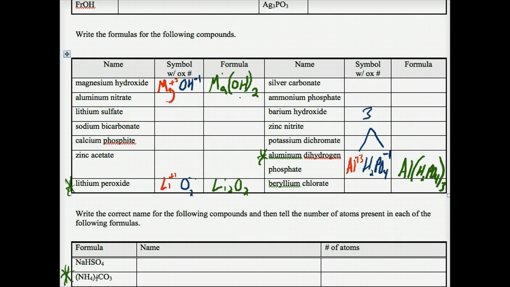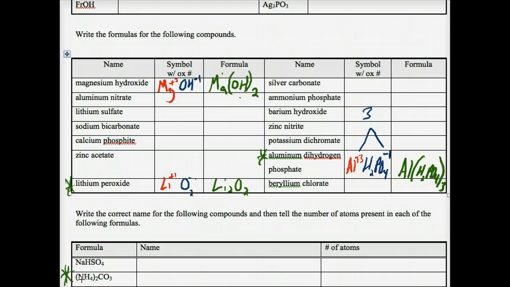What's so strange about it? Well, it's an ionic compound, but there's no metal involved. Traditionally we have metals and nonmetals in our binary system, and that holds true for our polyatomic ions in most cases: we have a metal with a polyatomic ion.